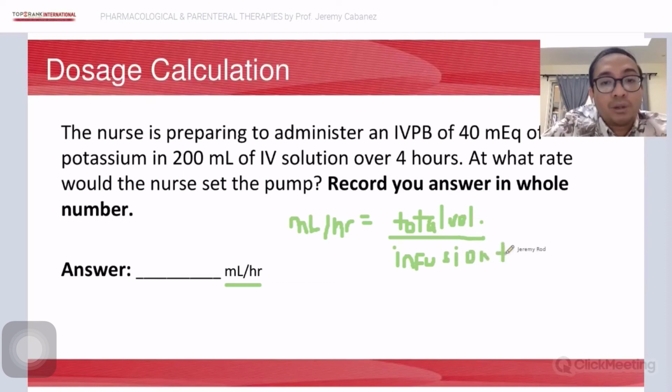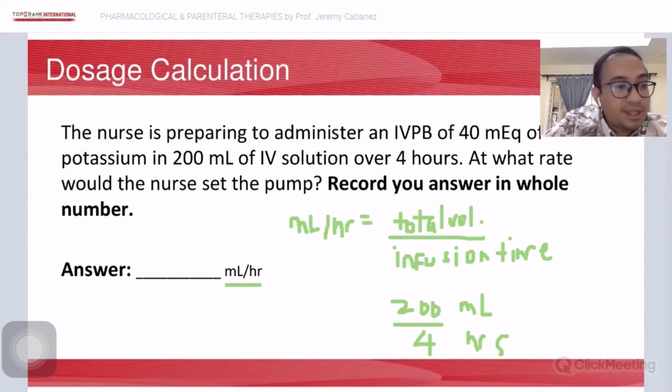Okay. So, ilan yung total volume na binigay sa atin? Total volume is 200 ml. Ilan yung infusion time na binigay sa atin? The infusion time is about 4 hours. Okay, so 200 divided by 4. Record your answer in whole number. Okay, what's the answer? 200 over 4. The correct answer, whole number daw.